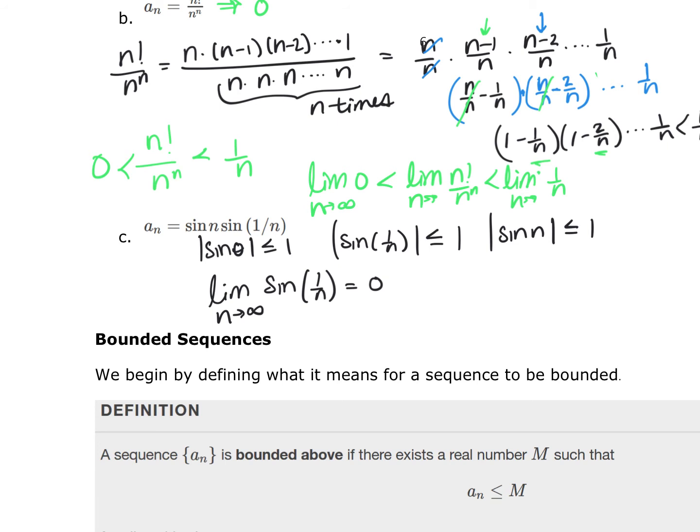We bring all of this together and say the limit, well, actually, we'll start with this.